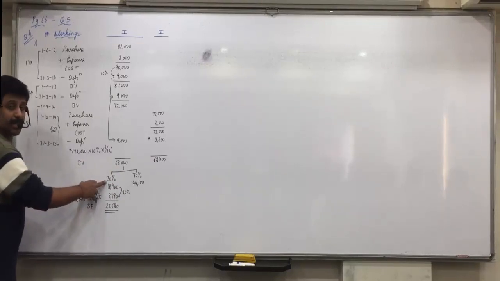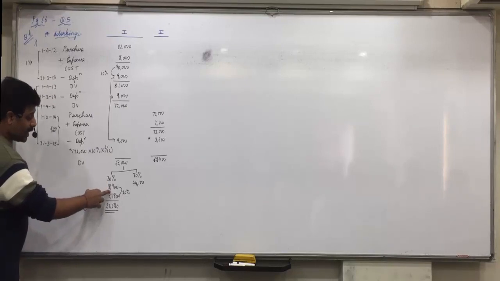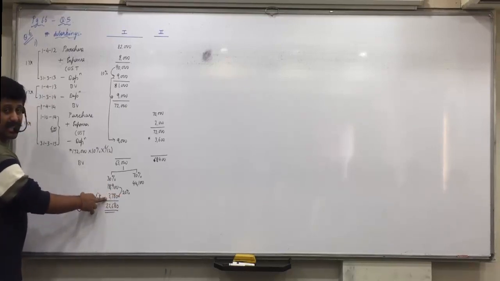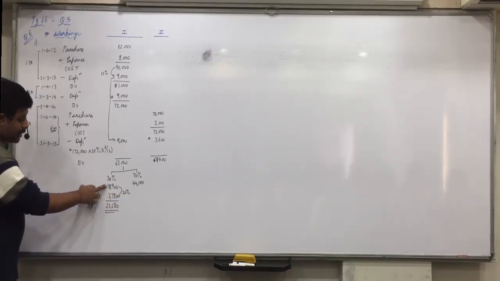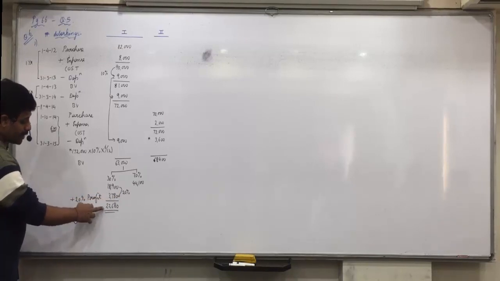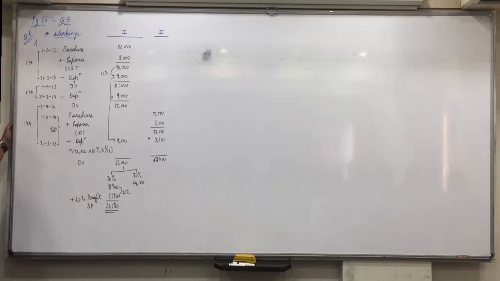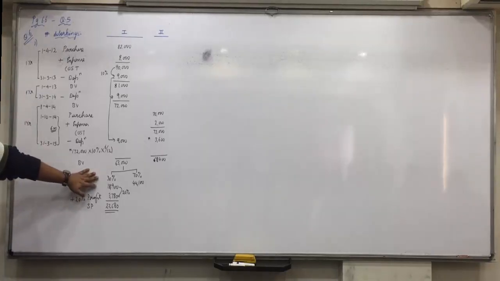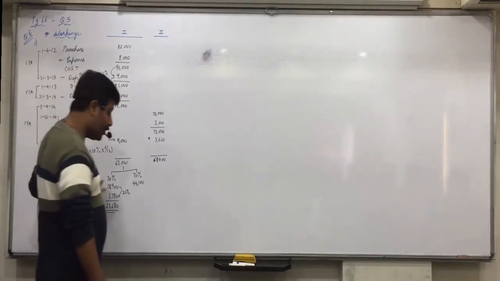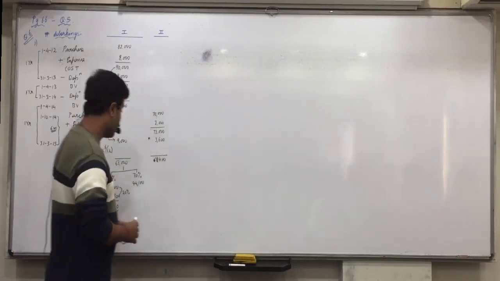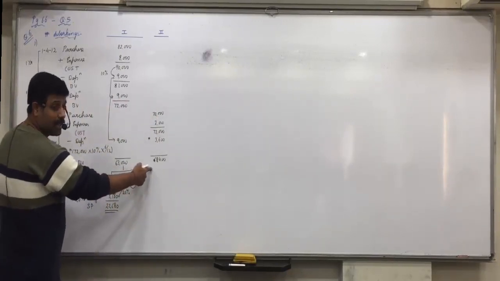Now this 30% machines are sold at 20% profit. So 18,900 into 20% profit, 3,780. And 18,900 plus 3,780 profit, so we'll add it. So what is the selling price? 22,680. Now the story of this 30% machines is over. What remains with us? This 70% machine and this.